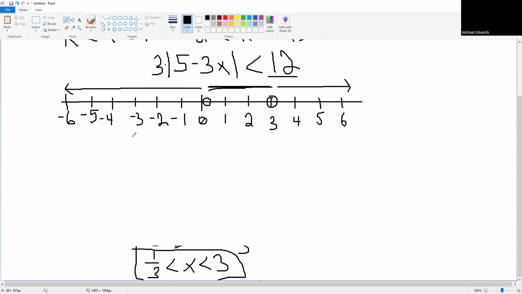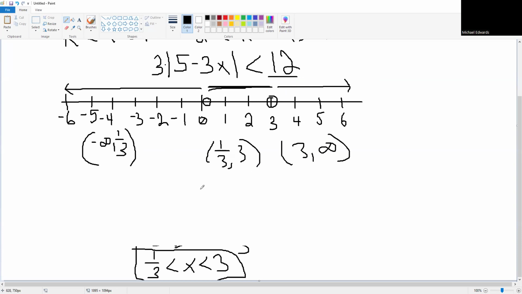So let's write our notation. We have -infinity to 1/3. And then we have 1/3 to 3. And then we have 3 to infinity. Let's test those.